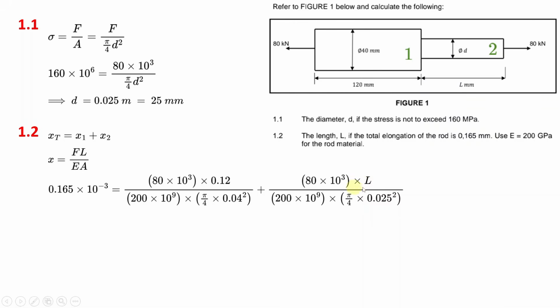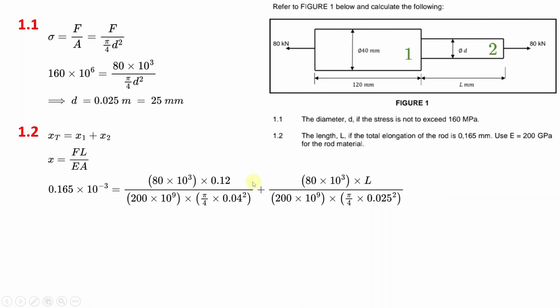It is divided by E2, which is equal to E1, 200 gigapascals, multiplied by the cross-section area of segment 2. The diameter of segment 2, we found, is 0.025 meters or 25 millimeters. Having that diameter, we can calculate the cross-section area of segment 2 like that. Again, remember to use SI units.